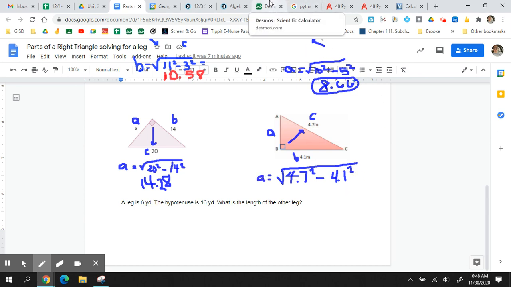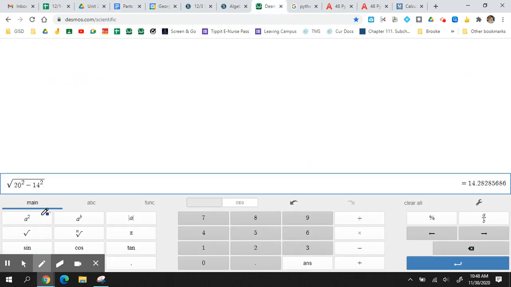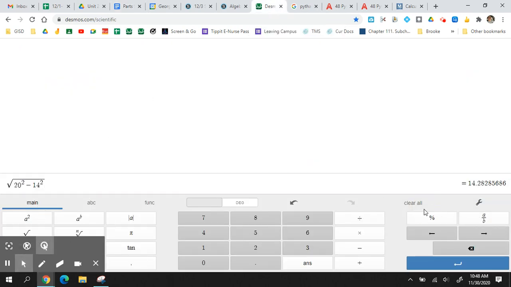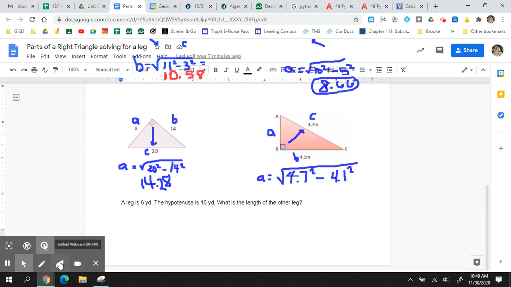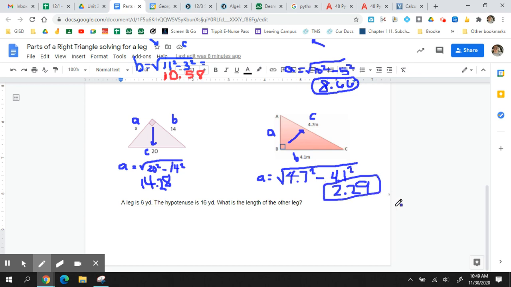So 4.7 squared minus the 4.1 squared. 2.29. I realize I could probably round that up even more, but right now that's okay. And that would be my answer.